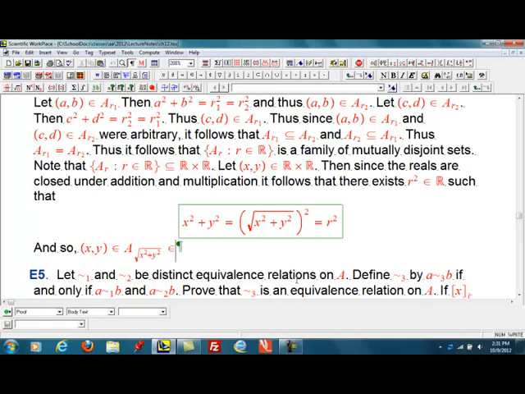And this is an element of our family of sets. Thus, we can say that the reals crossed with the reals is contained in the family of our sets, and hence we have equality.